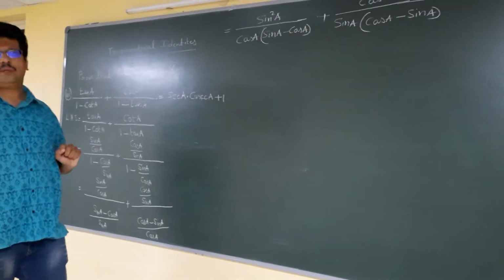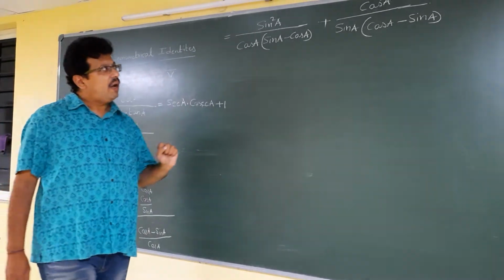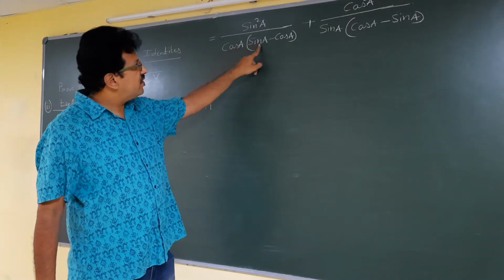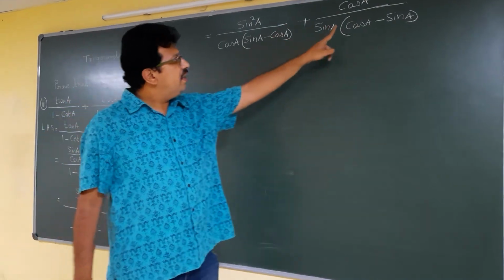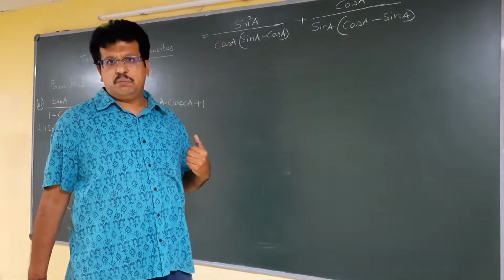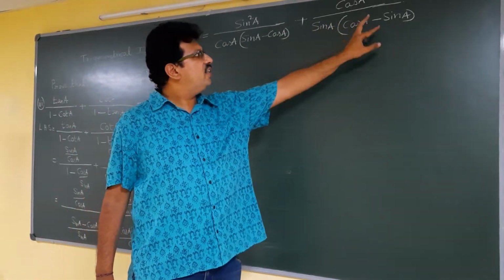That's a very important step, children, so you need to follow very well. Again, please observe very carefully. Cos A is there, of course, sin A minus cos A is there, and here it is cos A minus sin A. In the previous problem I explained that we can reverse it.